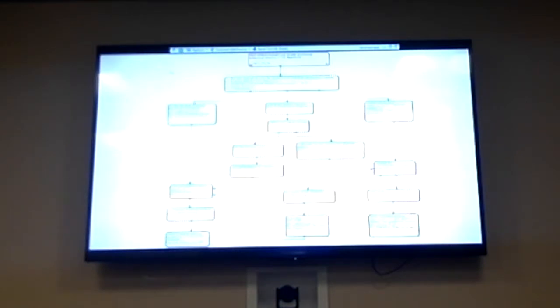Jeff, real quick, did I just hear you say that elevated tumor markers, negative laparoscopy, right hemicolectomy? No, so these are elevated tumor markers, diagnostic laparoscopy.